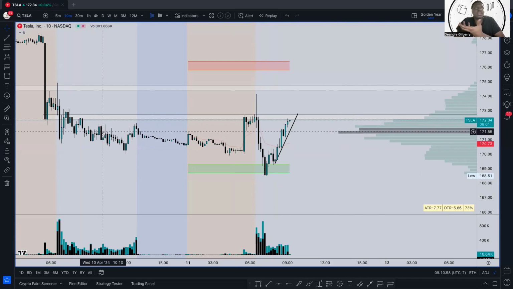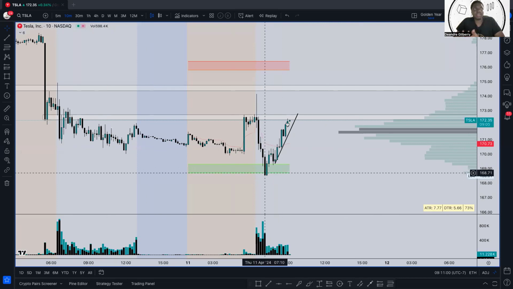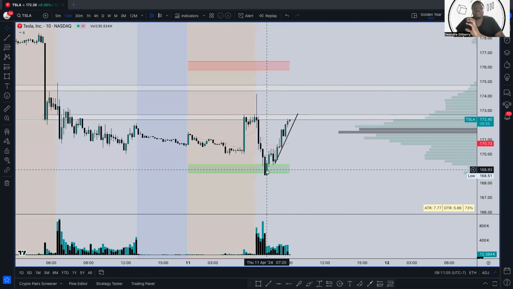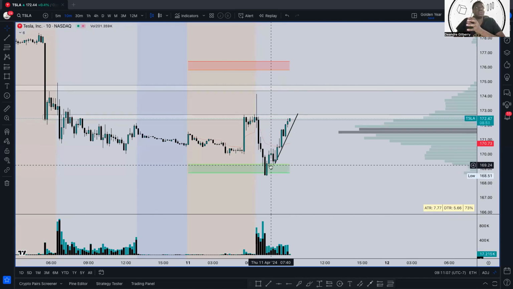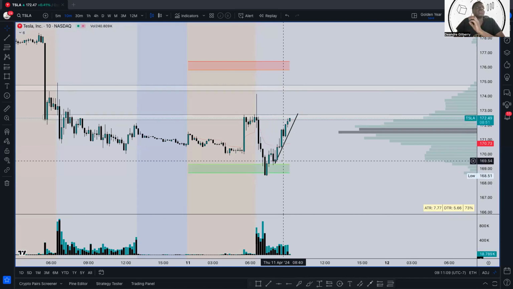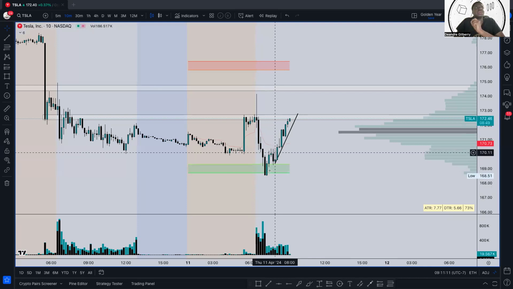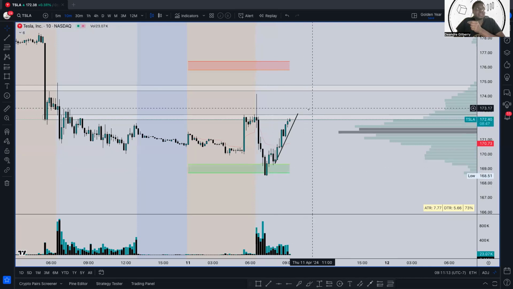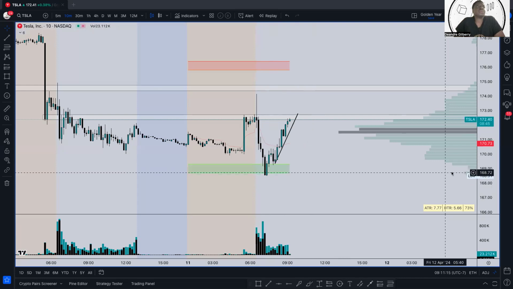That was a balance, and this created an imbalance, which was more of an agreement with buyers than sellers. So they pushed that, and it became an imbalance. So that's kind of how I'm deciphering things.